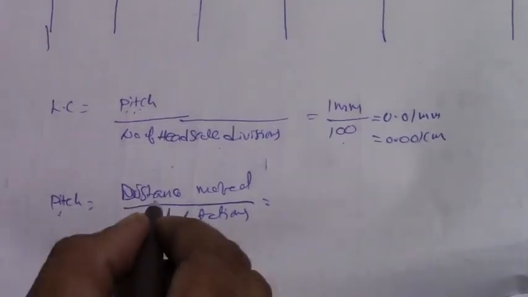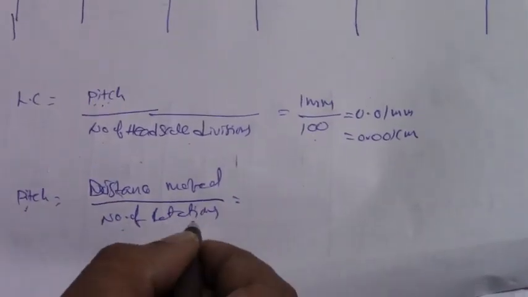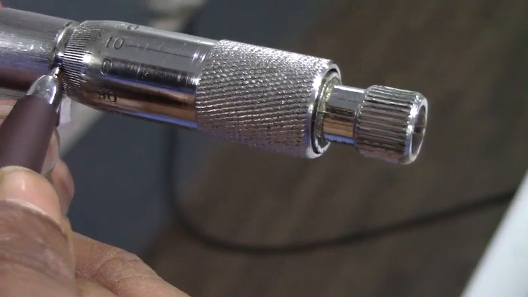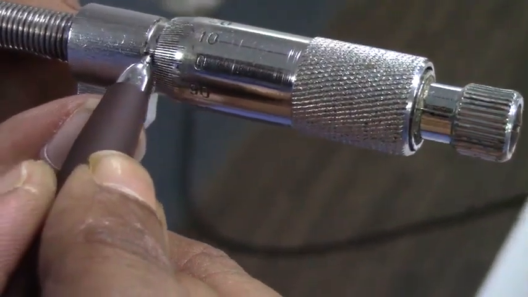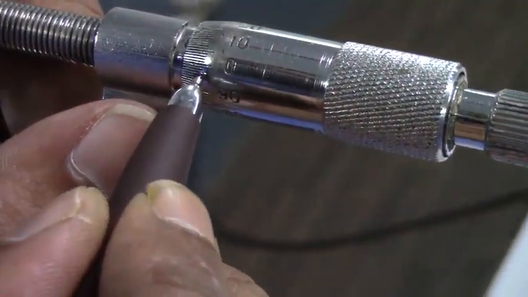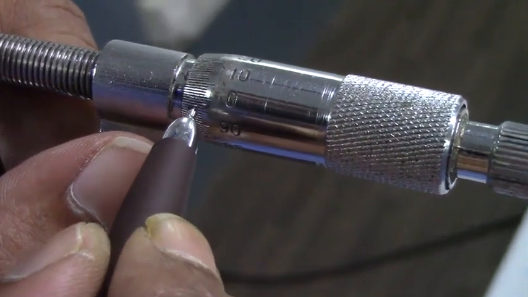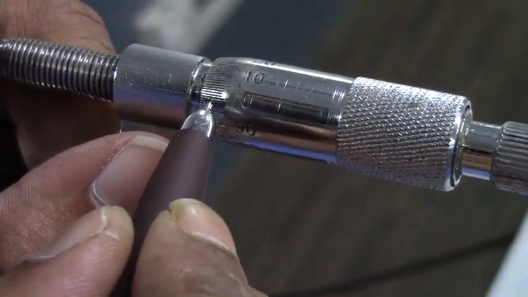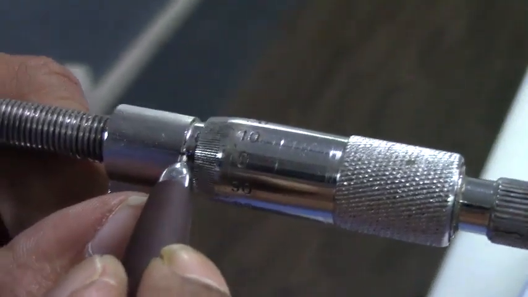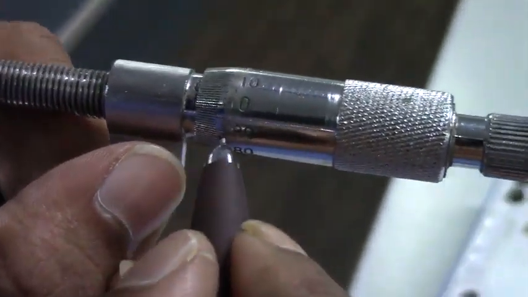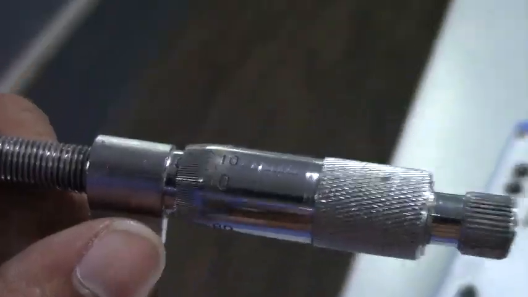Now let me explain what is pitch. Pitch is equal to distance moved by number of rotations. Here you can see, students, this is the index line on the pitch scale and this is 0. If you clearly observe, this 0 on the head scale is just below 2 lines from the index line. So what type of error is it?